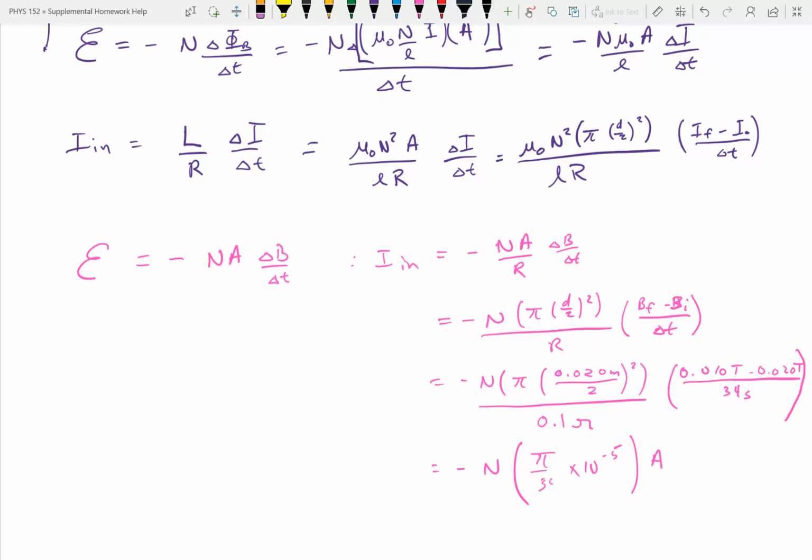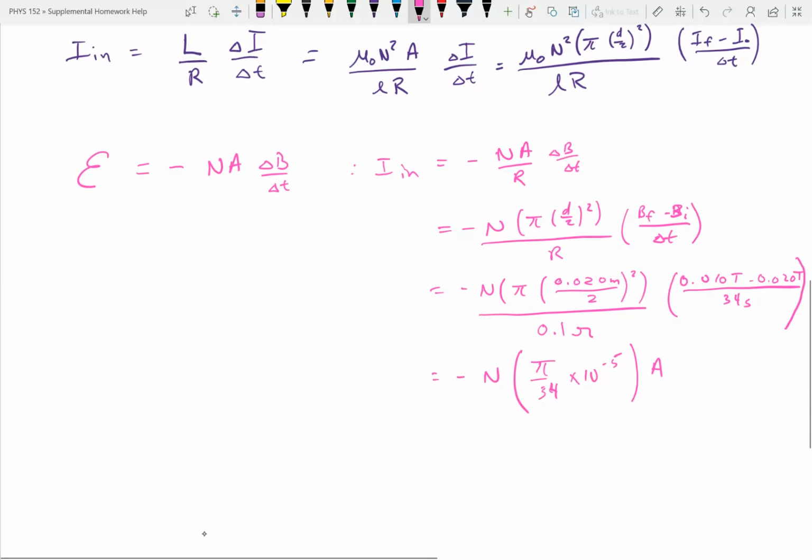That's a 34, not 39. So, there. I might not be typing it in right, but I have 9.23 times 10 to the minus 7 for just what's in your parentheses.